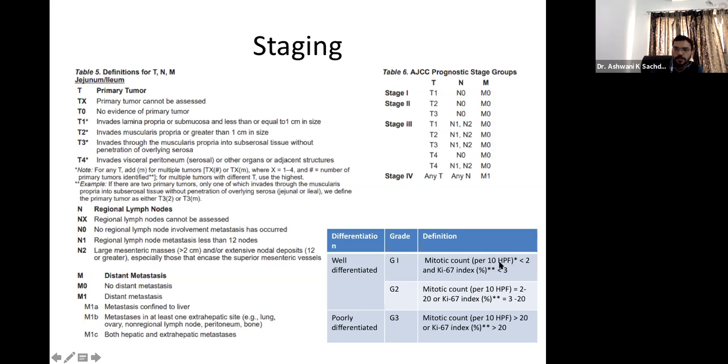In GIST we use 50 high power fields. Ki67 index less than 3 is grade 1, and grade 2 is 2 to 10 mitotic count per 10 high power fields, or Ki67 index 3 to 20. Grade 3 is more than 20 mitotic count and Ki67 more than 20. Initially, they were differentiated into well, intermediate, and poorly differentiated, but nowadays, grade 1 or grade 2 are considered well differentiated, and grade 3 is considered poorly differentiated.